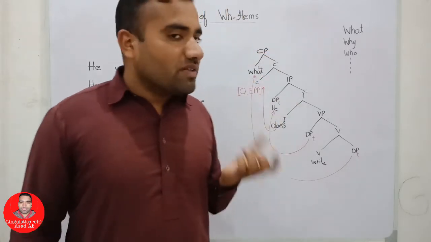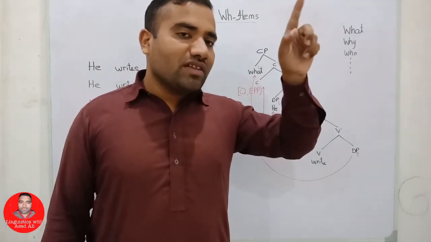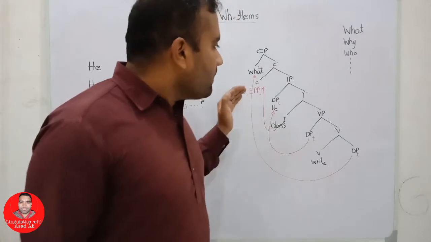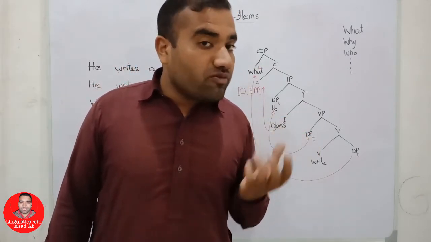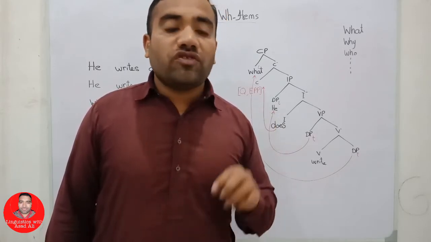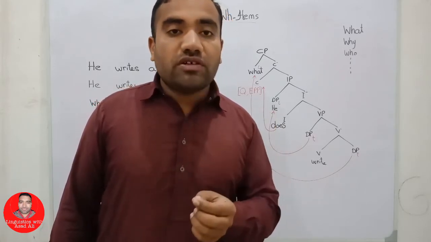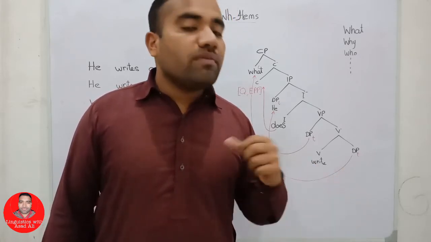After that we have already claimed that every clause has the clausal head, and if you don't know what the clausal head is, you can click over the link and find out, because the clausal head has some properties, because the clausal head has force. The clausal head tells you whether the sentence is interrogative, declarative, or exclamatory.